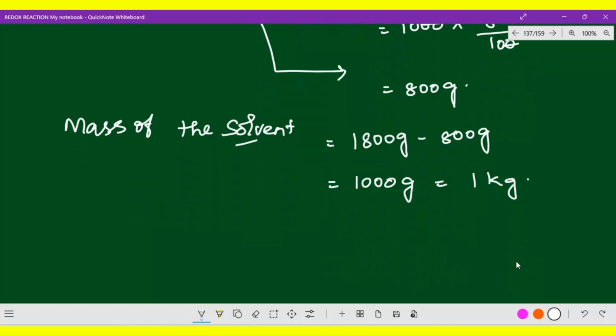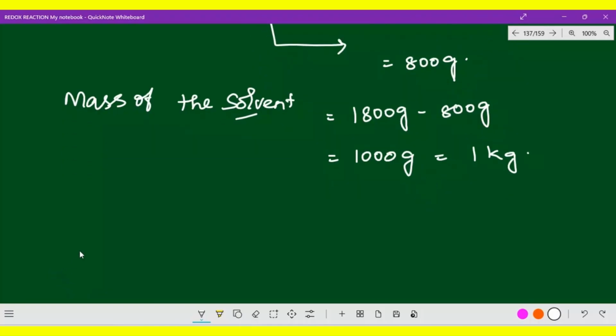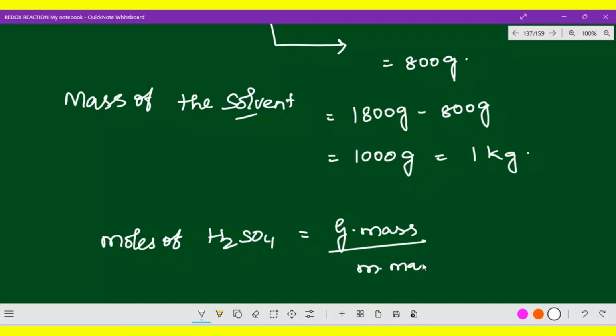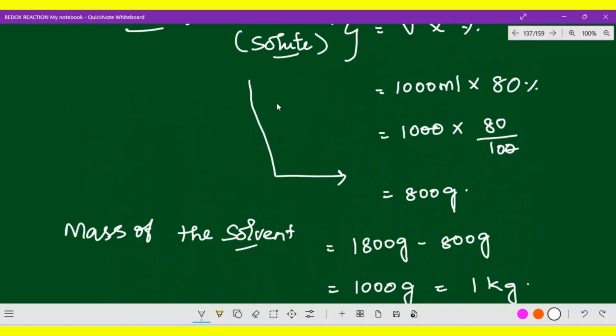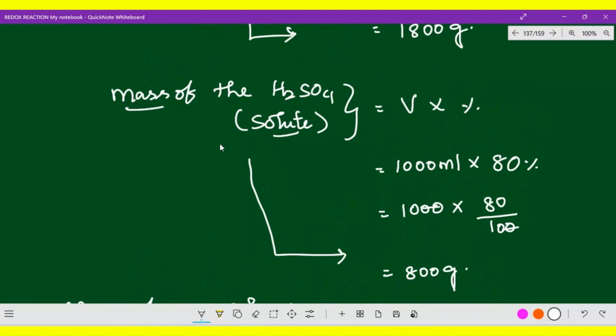Now the moles of H2SO4 we can easily identify, because given mass and molecular mass are available. Moles of H2SO4 is given mass by molar mass. Which given mass do we have to take? Given mass we always take as the mass of the solute only. Please note down.